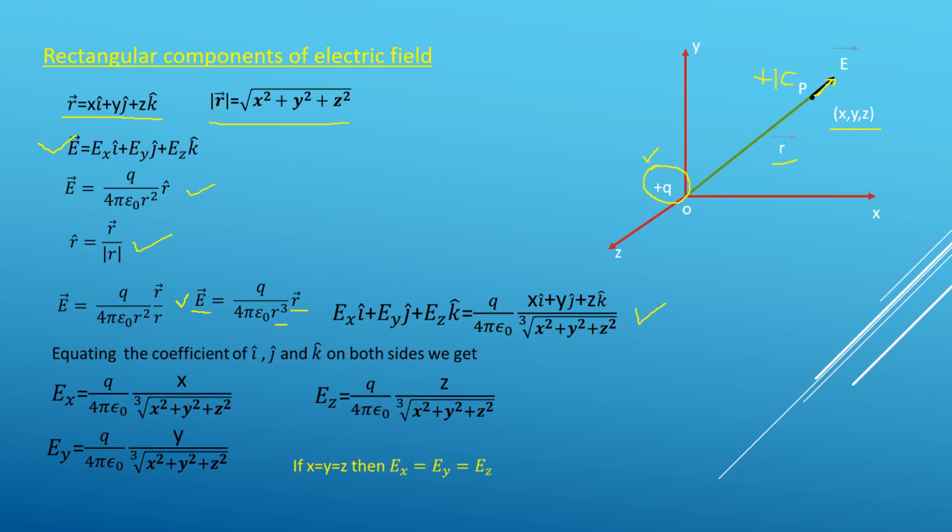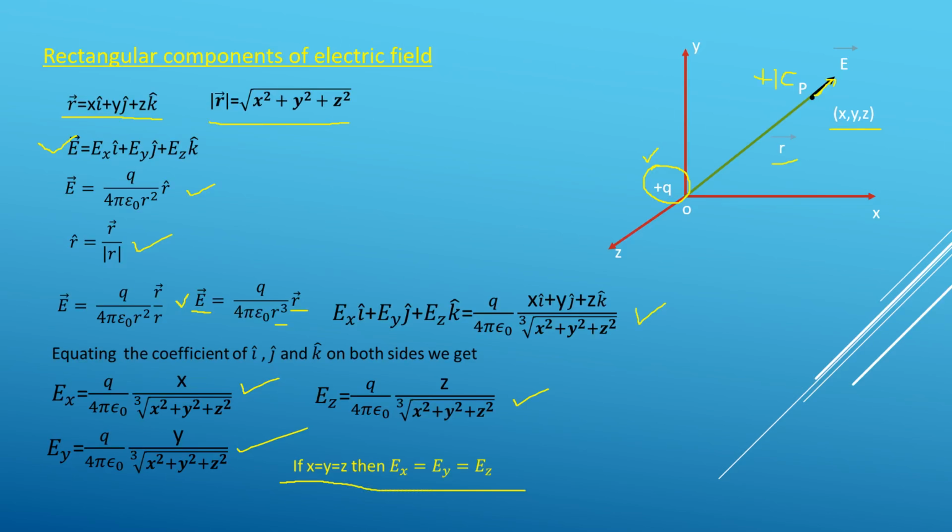Now here, if we equate the coefficients of i cap, j cap, k cap on both sides, you will get Ex equal to this, Ey equal to this much and Ez equal to this much. Now if x equals y equals z, then Ex will be equal to Ey equal to Ez.